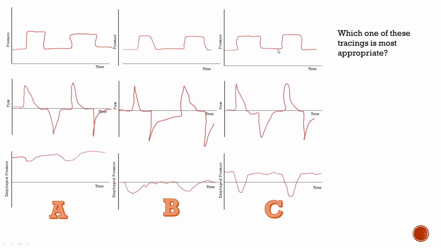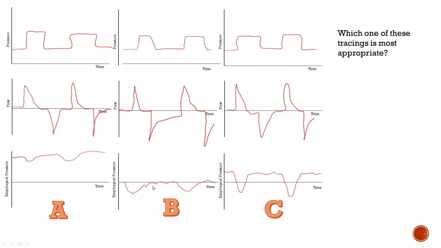So you want to make sure your PEEP, which is this right here, is above your esophageal pressure at the end of expiration. And in A, you can see the esophageal pressure is way up here, but the PEEP looks probably lower than that. And so you're getting really bad airway collapse at the end of expiration. You're going to get atelectotrauma, and you're going to expose yourself to ALI.